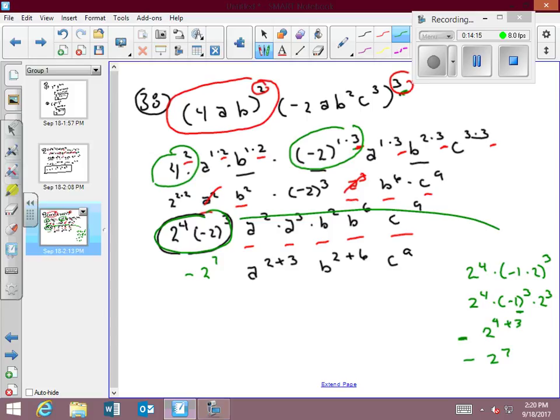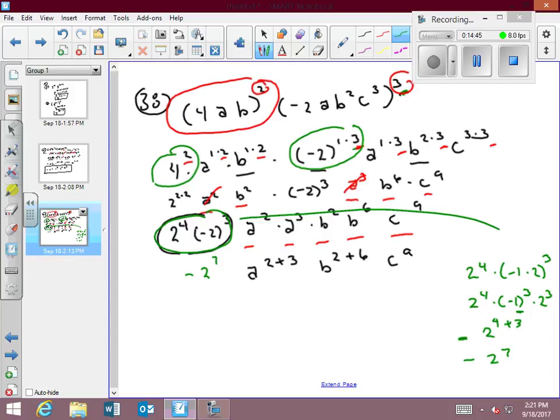Because 2 times 2 is 4, 2 times 4 is 8, 2 times 8 is 16, 2 times 16 is 32, 2 times 32 is 64, and 2 times 64 is 128. That's 2 to the 7th power. And it's better to express it as 2 to the 7th power than it is to express it as 128.